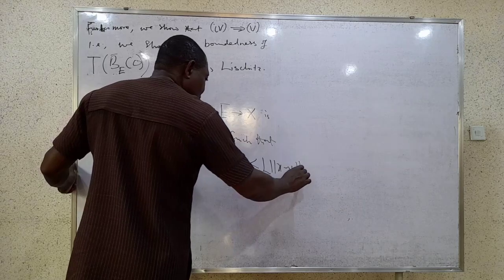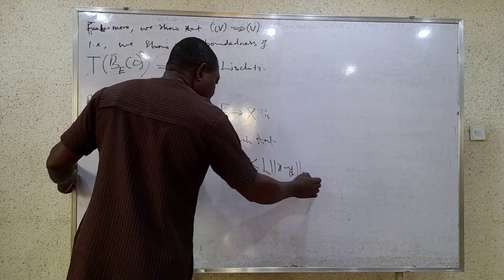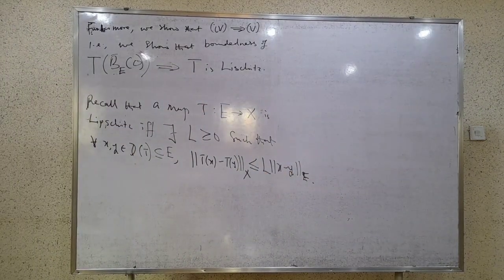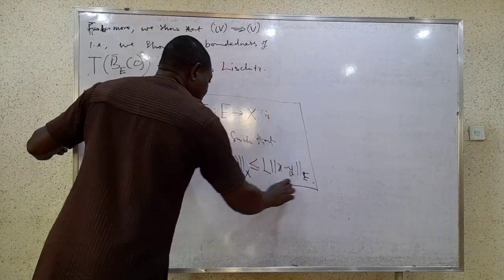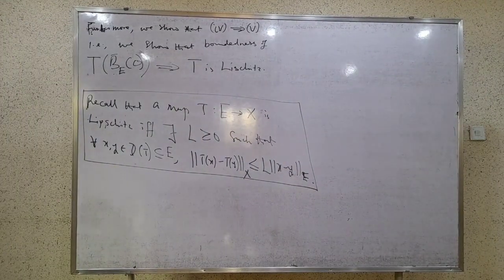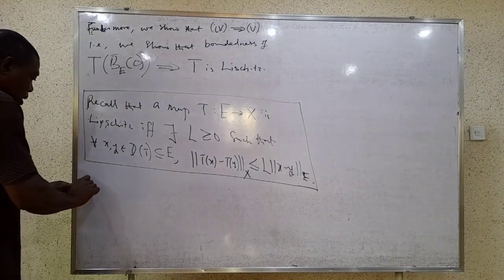This is what we mean by the operator is Lipschitz. So we want to show that if T is a linear map and the image of the closed ball is bounded, this implies that T is the Lipschitz map.